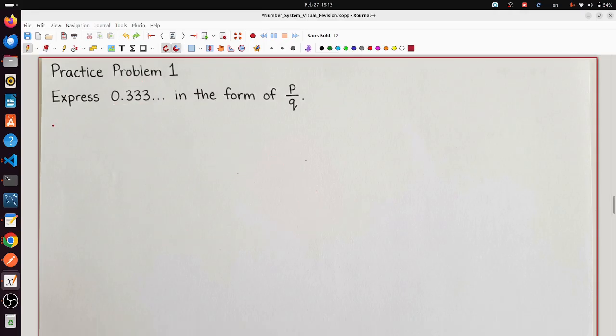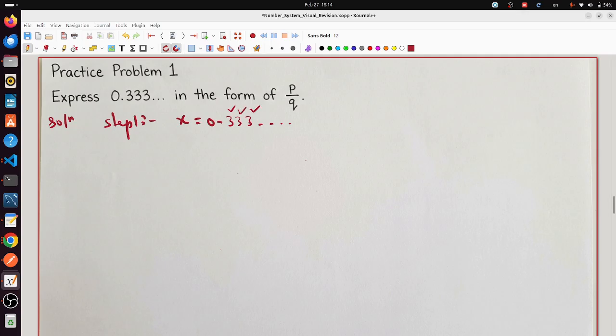Now let's quickly move on to the first question, that is 0.333. In the first step we need to take x as 0.333 dot dot dot. See here, this is a repeating number where 3 is repeating every time. Only one digit is repeating.